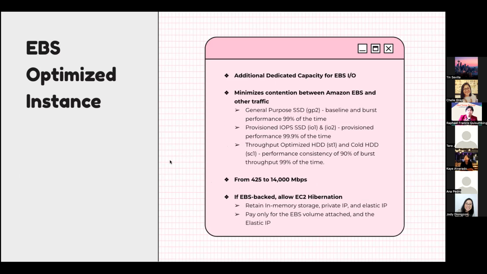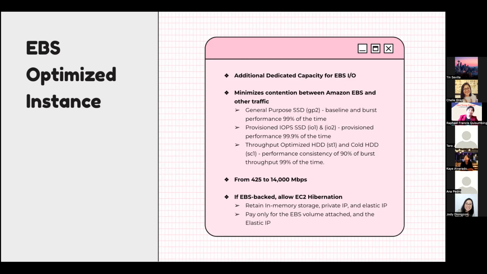EC2 also has an option to be EBS optimized. For instances that need a lot of input output to their EBS, you can have an EBS optimized instance. So there is a dedicated capacity for EBS. It's not going to share the network for your EBS with other networking components, because remember, physically your virtual machine and your EBS may not be in the same location, so they are network attached.